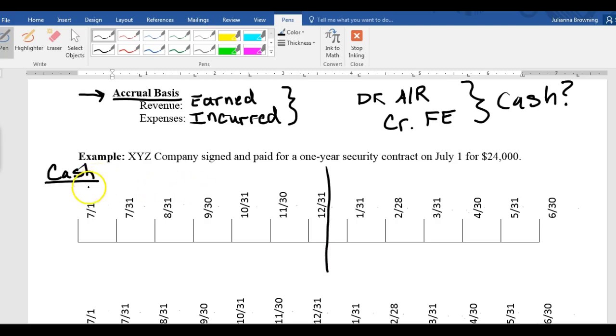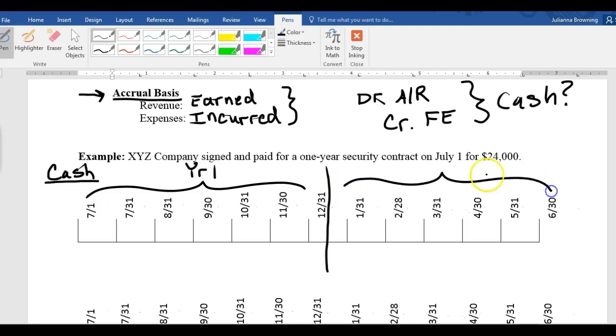And so that means that this contract goes over 2 accounting periods. We've got part of the contract in year 1, and then part of the contract in year 2.